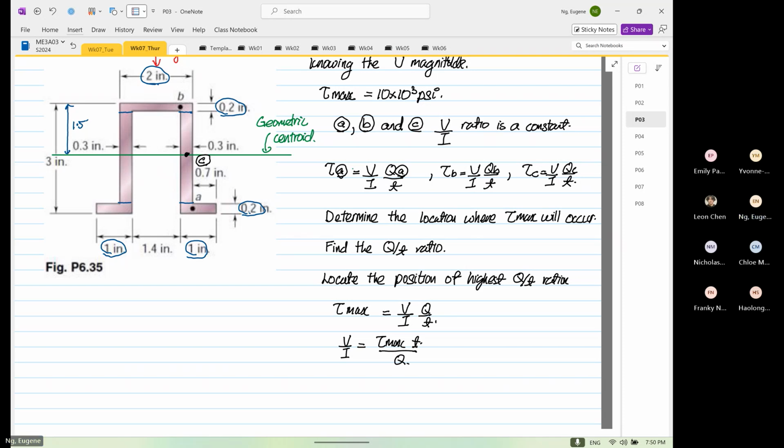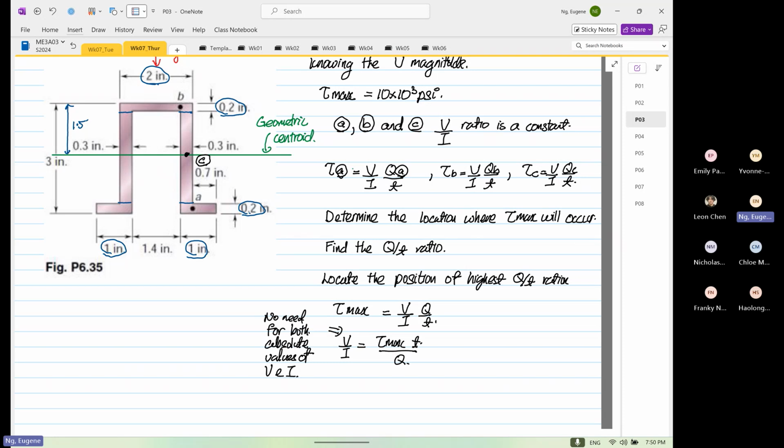Okay, so that is why for this problem, they did not give us, no need for, the absolute values of V and I. All we are interested in is the ratio.